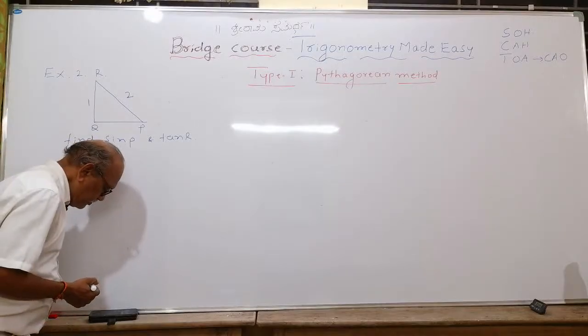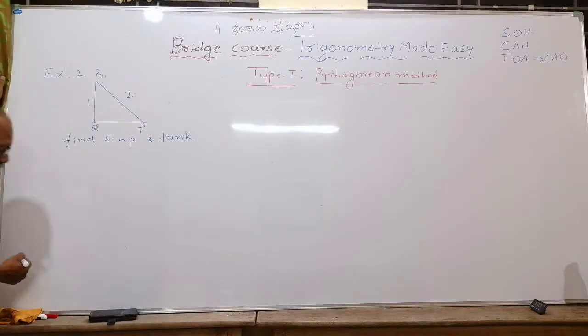Yes, your answer. QR is equal to root 3 centimeter.